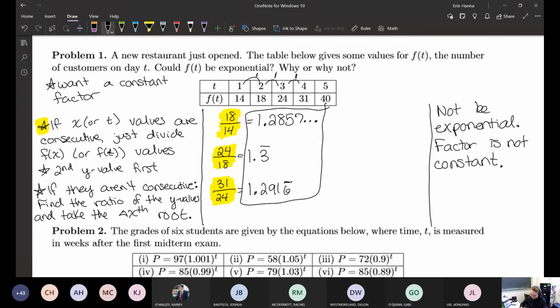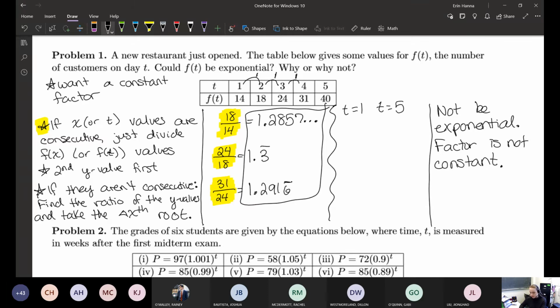Give me a second. So let me squeeze that in over here. We got a lot of information on this one question. So let's say I wanted to find the factor between t equals 1 and t equals 5. Because I can technically take any pair of numbers on this table and still look for the factor.